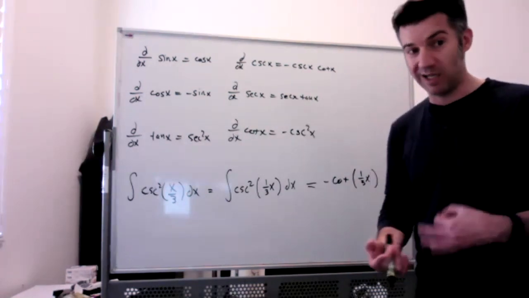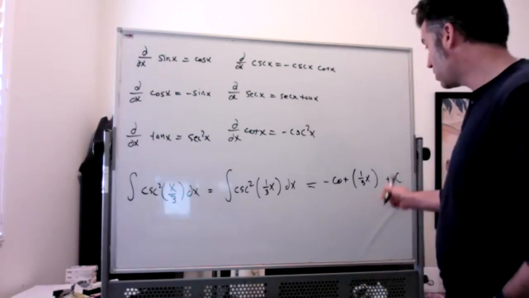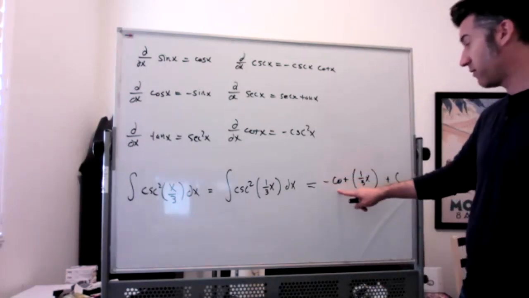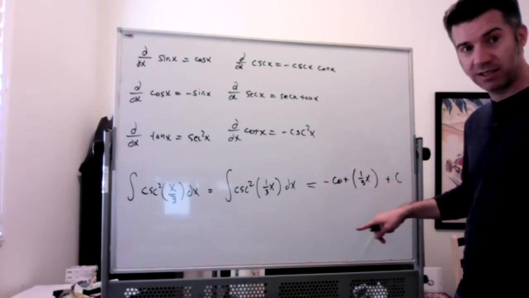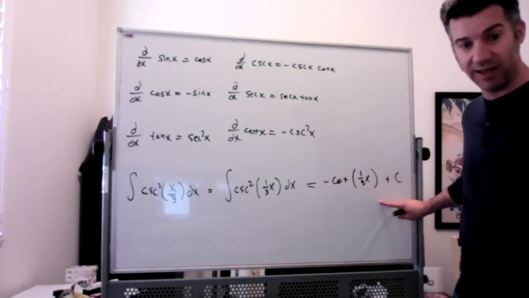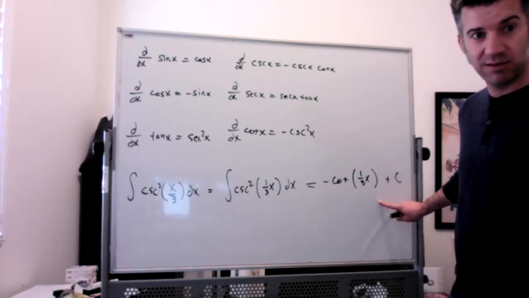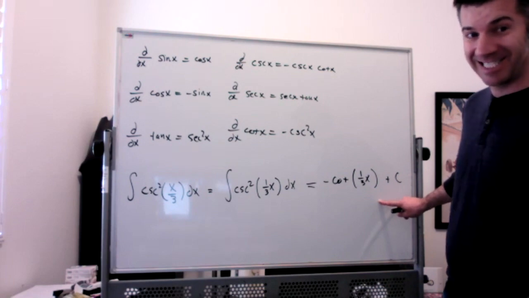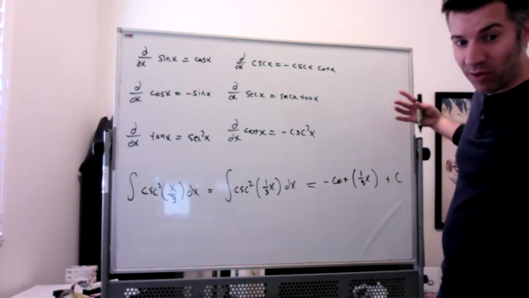Now, I'm off by a constant multiple. If I took the derivative of negative cotangent of 1/3 x, what constant would you multiply by? It's not a trick question. Yeah, exactly, 1/3.